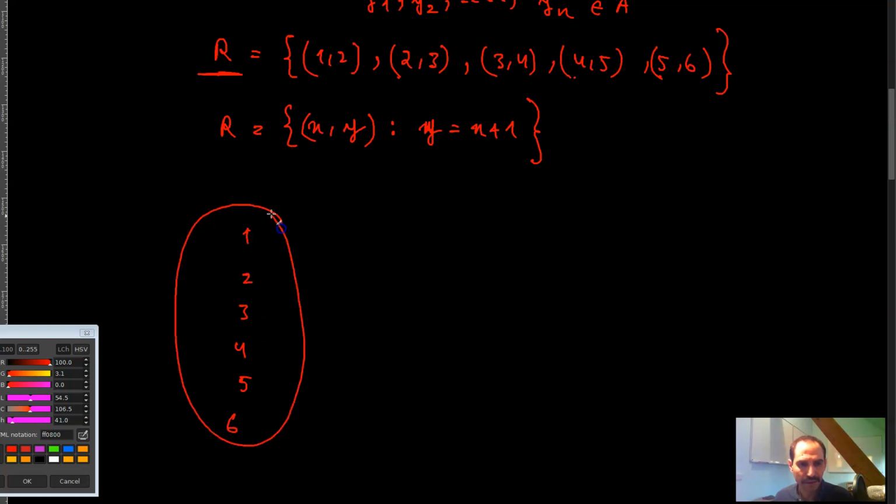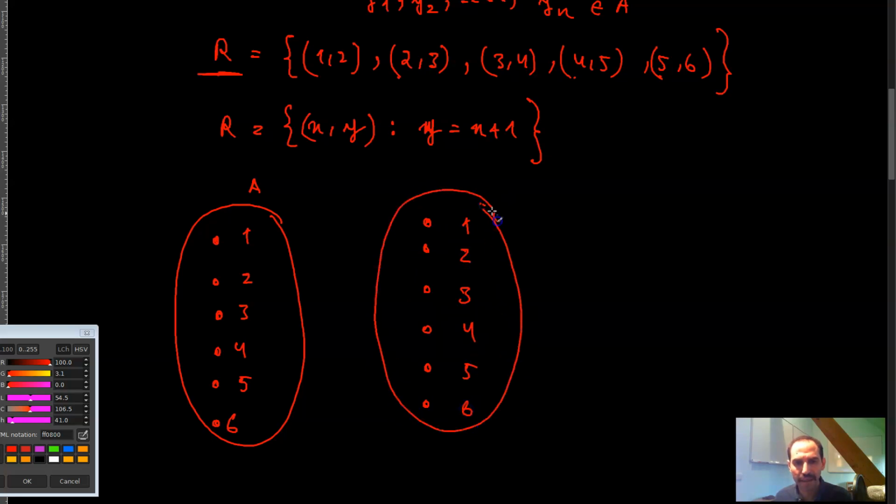That is the set A. And to be consistent with the arrow diagrams in the book, I draw these bullet points. So 1, 2, 3, 4, 5, and 6. And then this is again set A. This is a relation from A to A, so I have to put my set A over here.